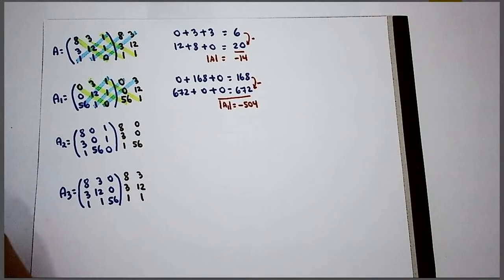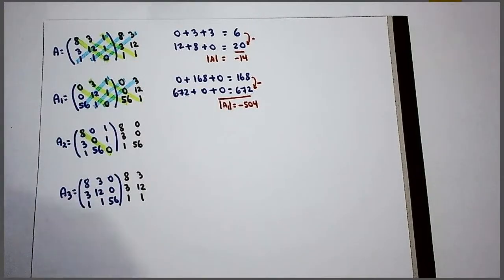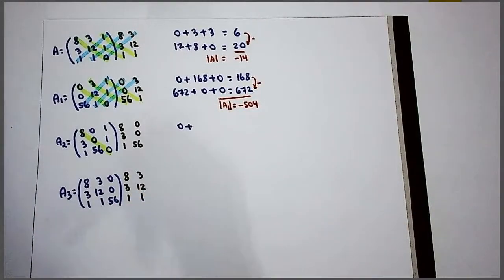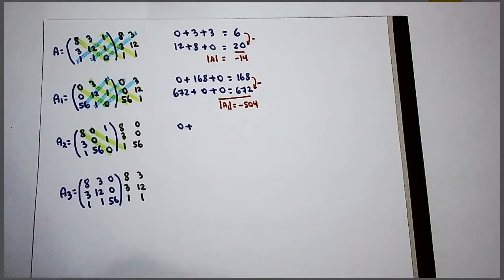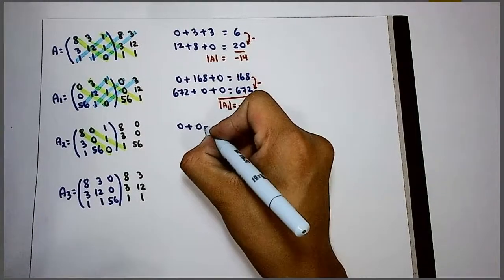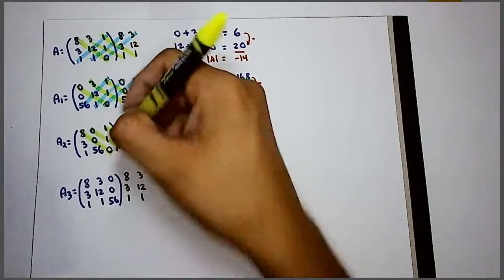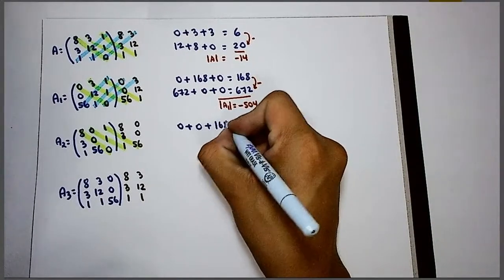Let's continue with A sub 2. 8 times 0 times 0 is 0, plus 0, plus 1 times 3 times 56 is 168.